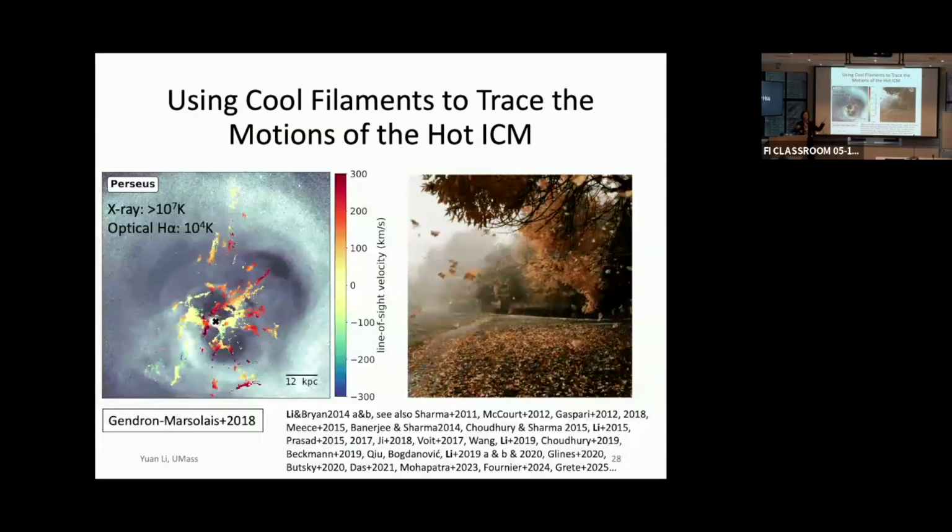I'm going to call it cool gas because the background is 10^7, 10^8 Kelvin. Okay. So you can ask, how do you even have these cool filaments there? Well, many of us have asked that question. It's still kind of debatable, but a lot of the simulations, including my own, suggest that these could have cooled out of the hot plasma due to thermal instabilities.